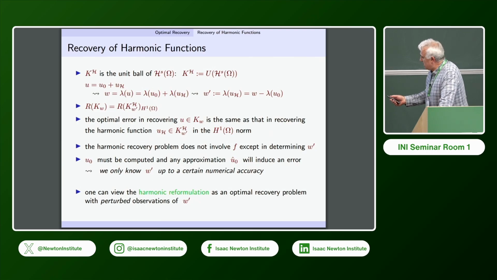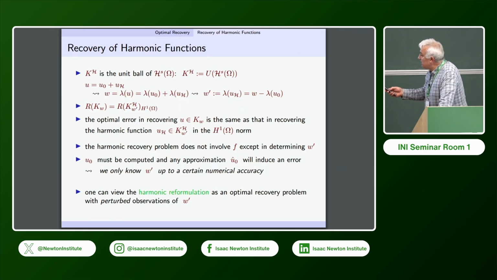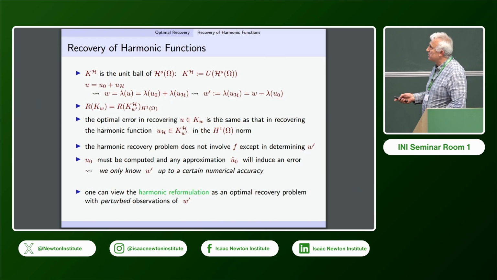Let me remind you that this is the ball on the gamma. Now we have to consider the other one, which is this curly H on the omega, and then we consider the norm of this space. So we have to define that norm, of course.